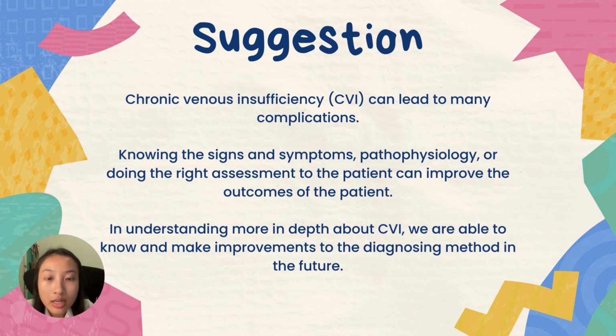By understanding more in depth about CVI, we are able to make improvements to the diagnosing method in the future. Thus, we can help promote the patient's quality of life.